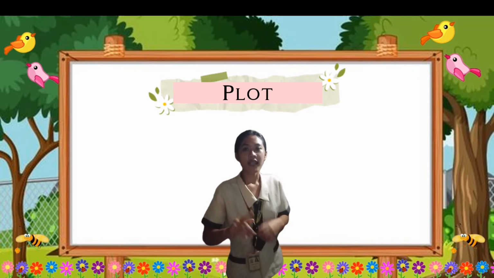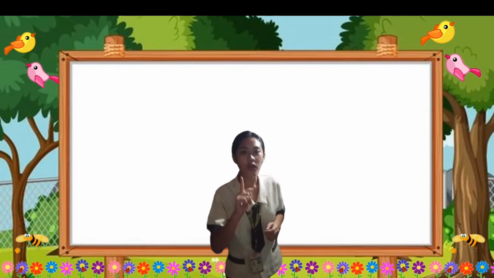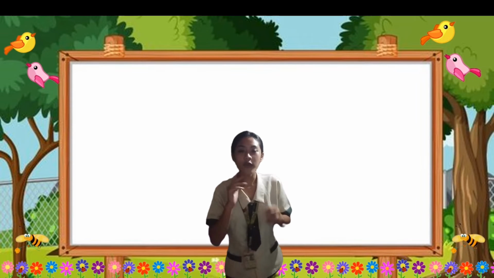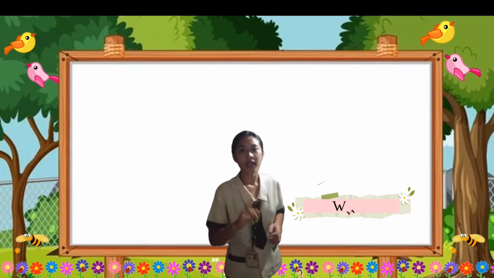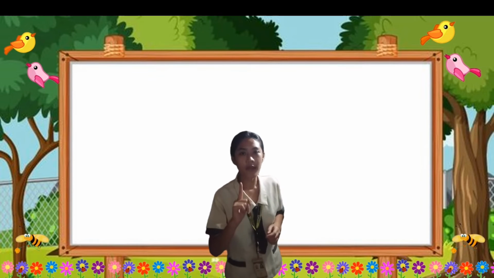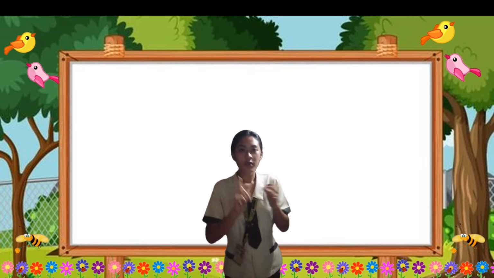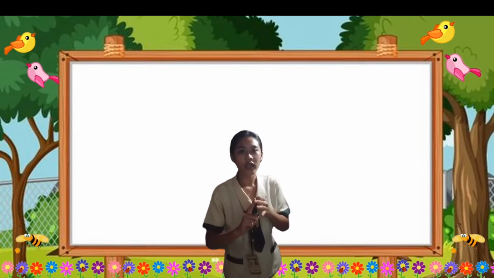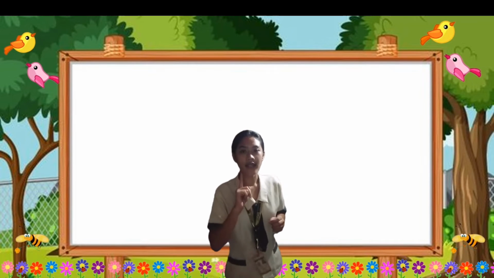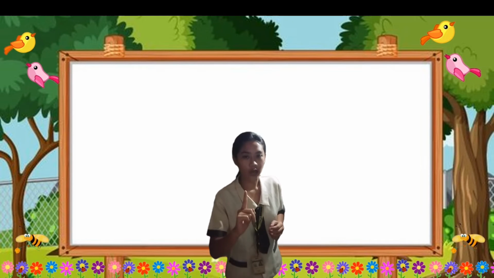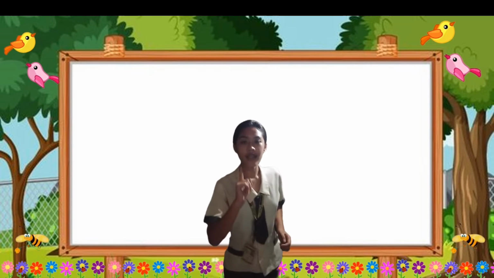A plot is a series of events through which the writer reveals what is happening to whom and why. It is the main events of a play, novel, movie, or similar work devised and presented by the writer as an interrelated sequence.